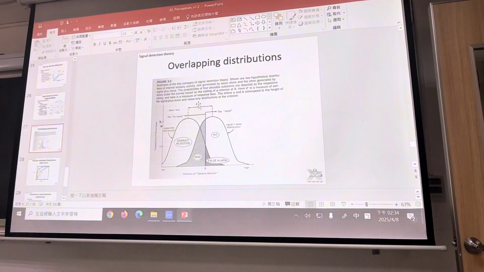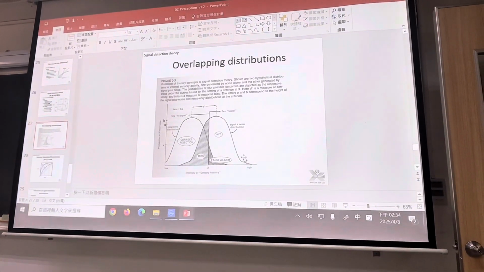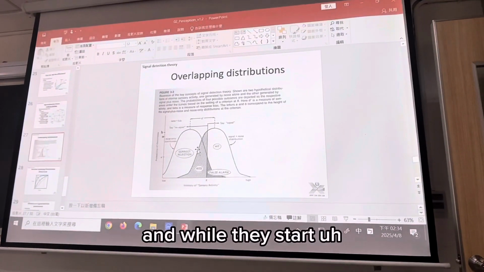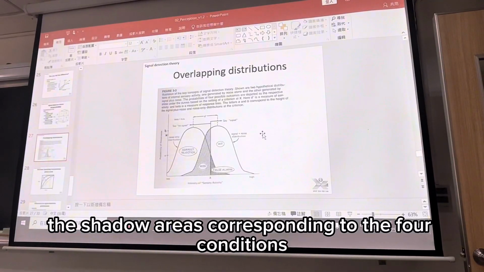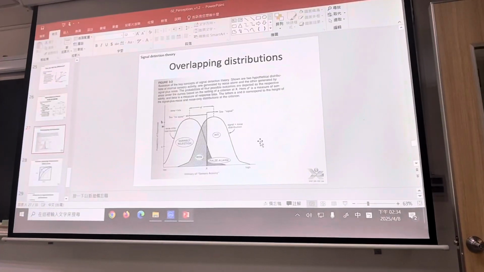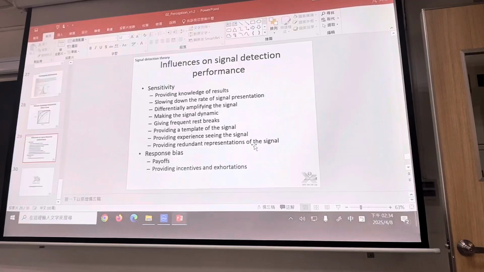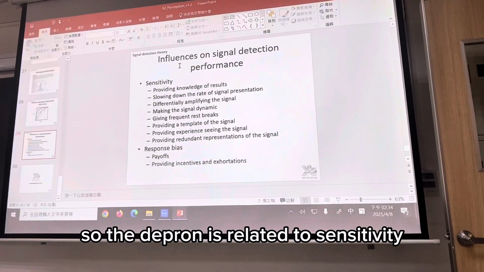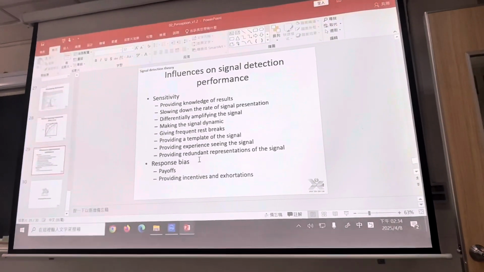So you need to know what is d prime, what is beta, and what are the shaded areas corresponding to the 4 conditions. So d prime is related to sensitivity, and beta is related to response bias.